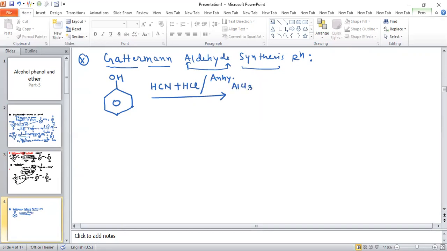In the second step, we add H2O and H plus, which is used for hydrolysis. Again, this OH group is a plus M group, so electron density will increase at the ortho and para positions.